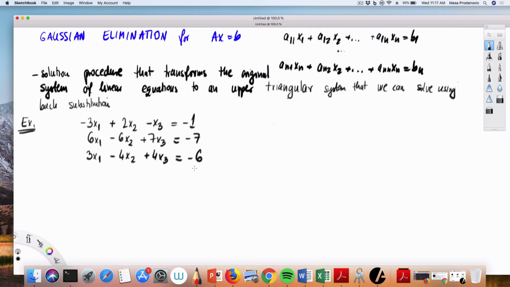That way I'm creating a linearly dependent equation that is not adding anything new, but I can replace one of the equations with that one. So I'm going to use this freedom to create a system that has a few more zeros than this one, because when zeros are there, it's easier to solve. It really comes down to that.